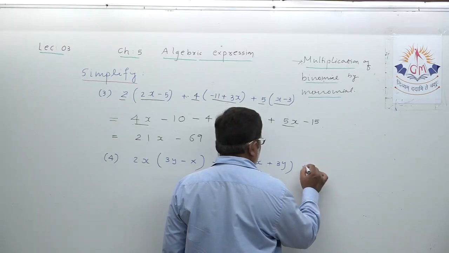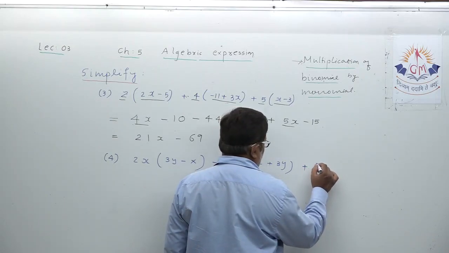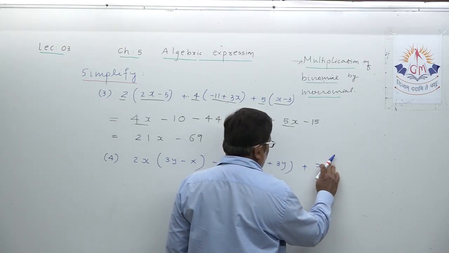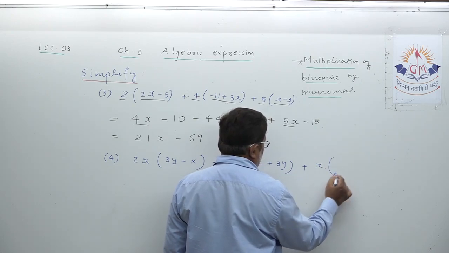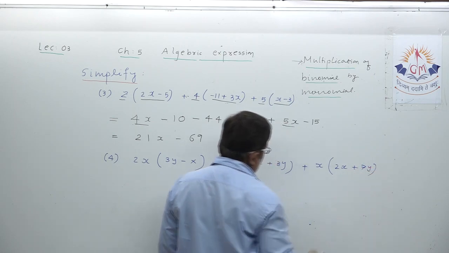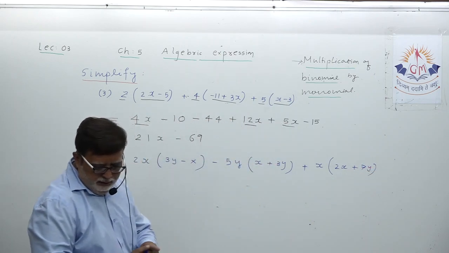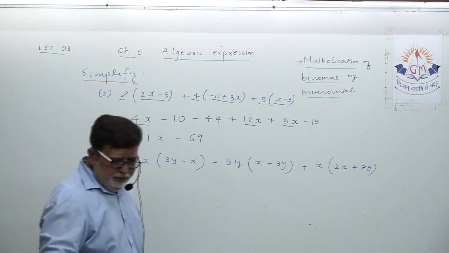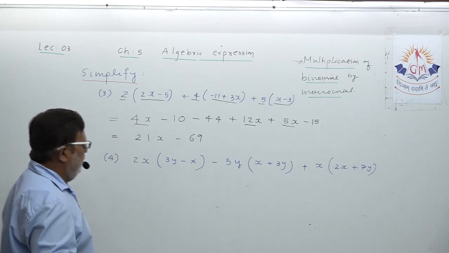Then I take, suppose, xy or x simply in brackets, 2x plus 7y. Let me solve this example for you, okay.